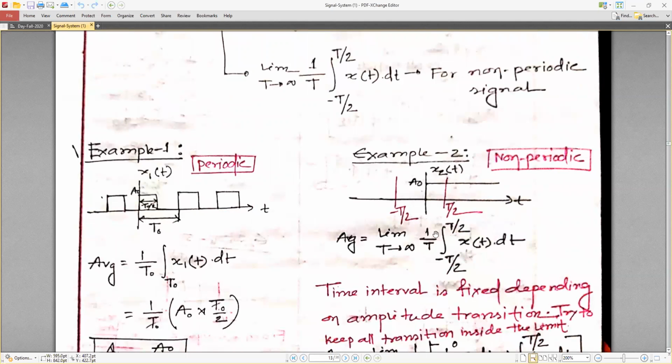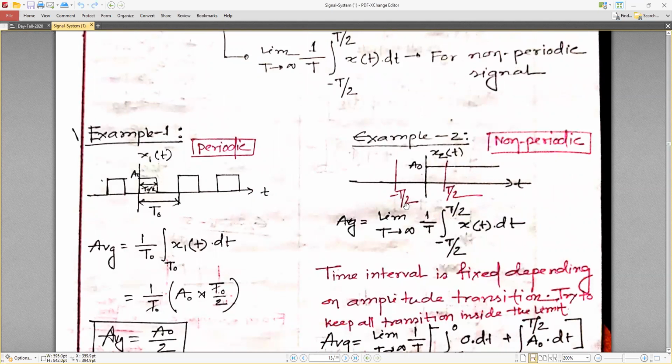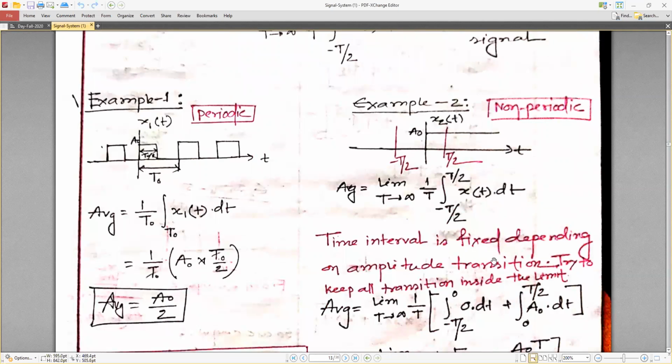So here see the value minus t half to t half, that is the non-periodic signal. So limit t tends to infinity 1 by t, that is the formula. Time interval is fixed depending on amplitude transitions. Try to keep all transitions inside the limit.